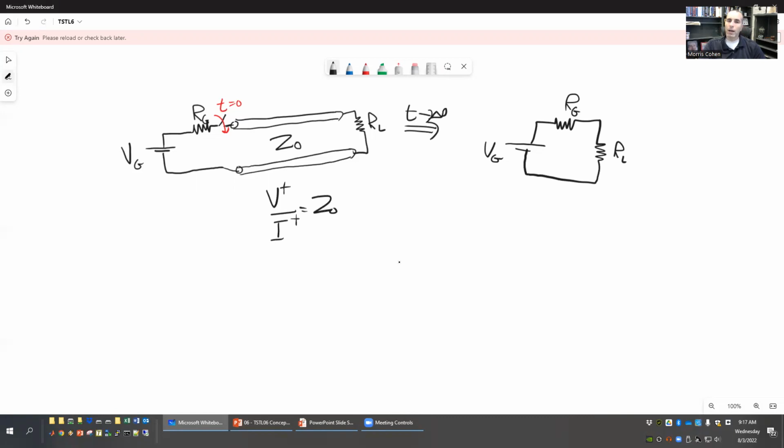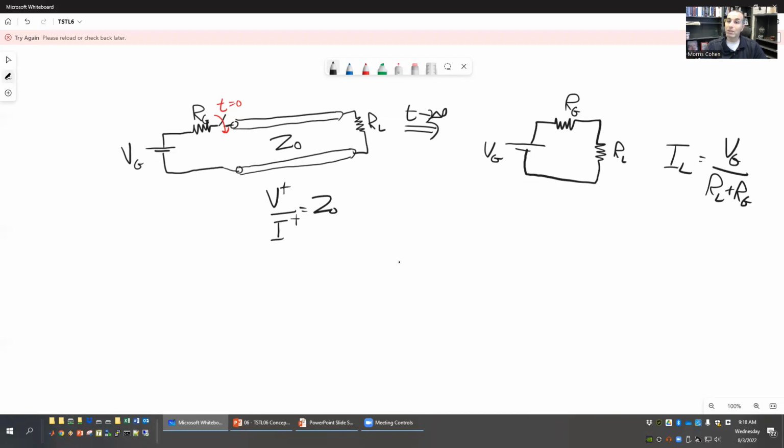And so if Z0 and RL are different, and we know that after a while, IL, the current on the load, is just going to be equal to VG divided by RL plus RG, then we know that there's going to be a mismatch, because RL is not the same as Z0.